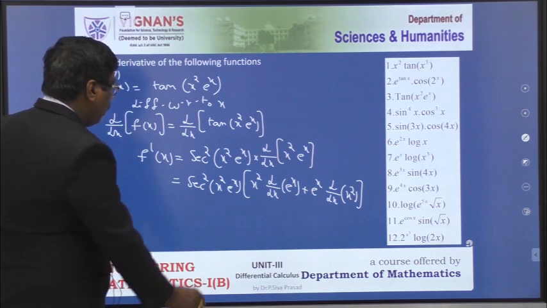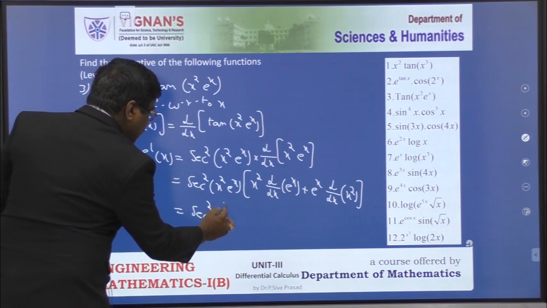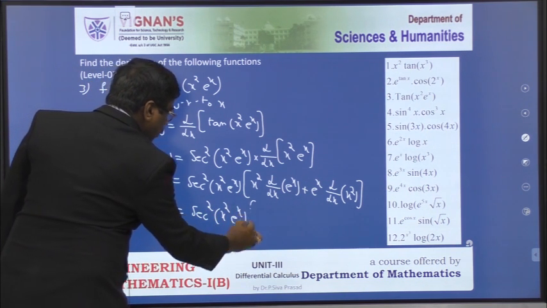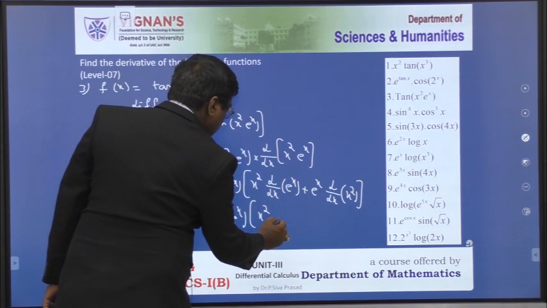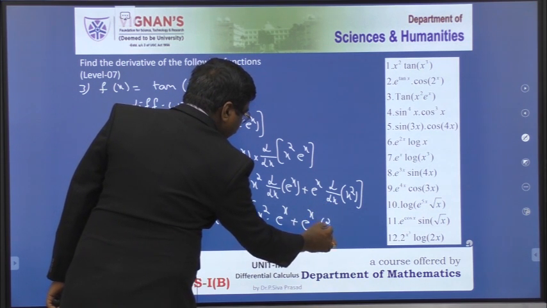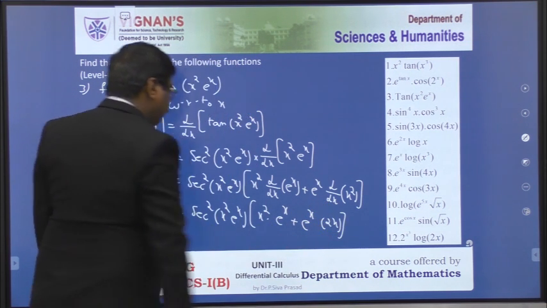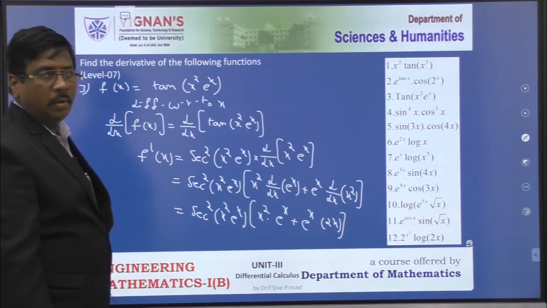Now this is equal to secant square of x square into e power x into x square into e power x plus e power x into 2x. Like that you have to complete the problem.